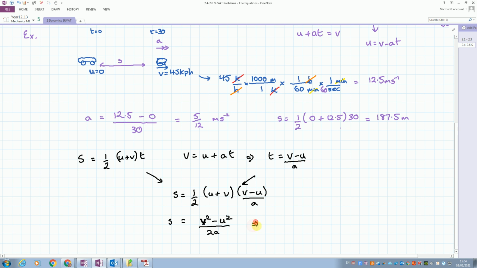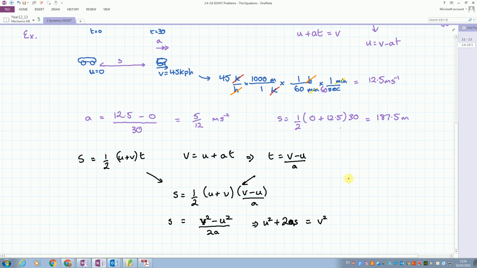And this often gets rearranged into the form where the final velocity is being calculated as a square. So we've got 2as equals v squared minus u squared, and carry the u squared to the other side: v squared equals u squared, add on 2as.